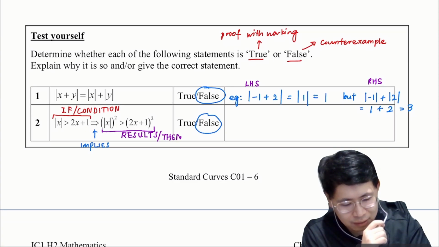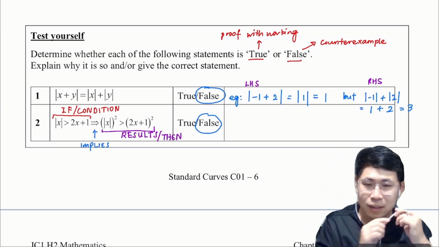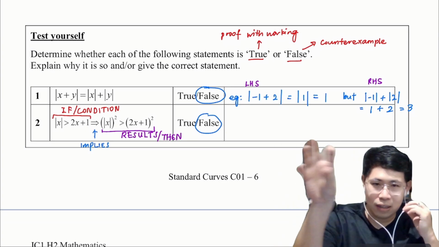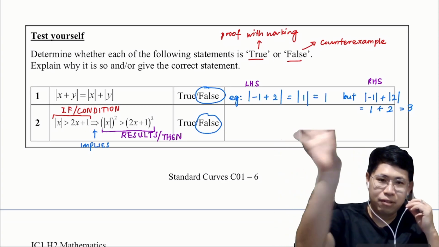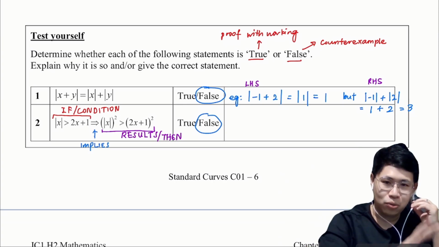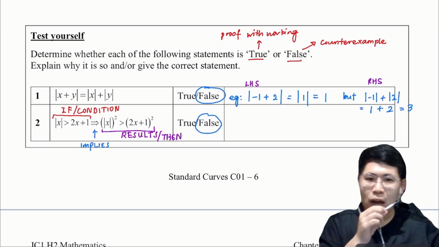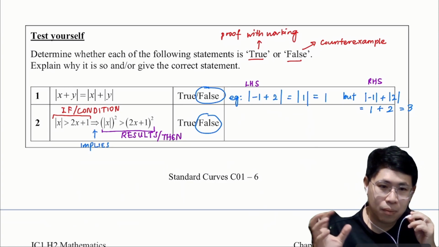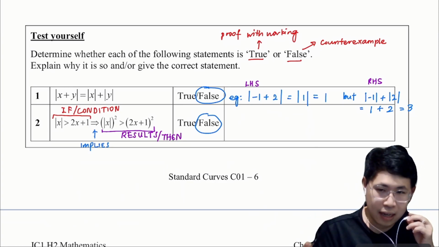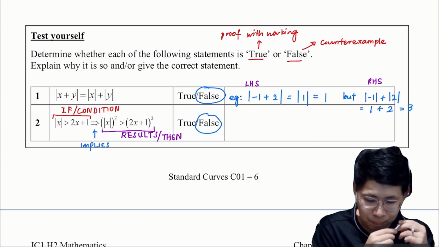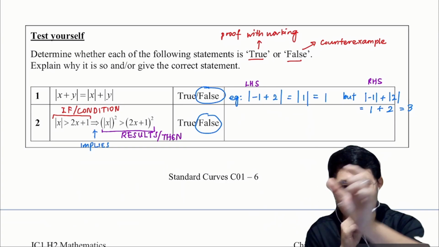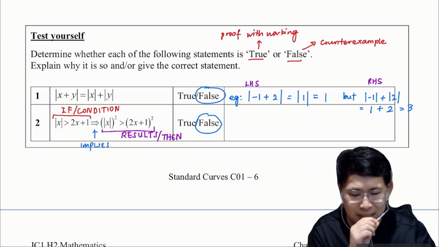So it's an if-then, or condition-result kind of thing. If the condition on the left is true, then the result on the right would also be true. How we are going to prove it is to prove the left hand side statement first and then the right hand side statement, or give an example on the left that leads to the example on the right.